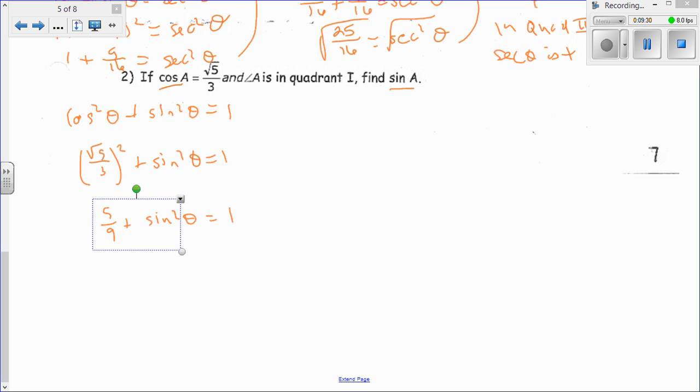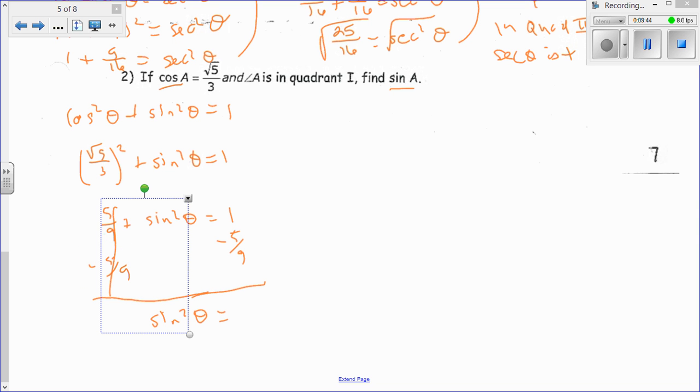Well, I need to get sine squared alone, so I'm going to subtract 5/9 from both sides. So that cancels out. I have sine squared theta equals 1 minus 5/9, which is 9/9 minus 5/9.